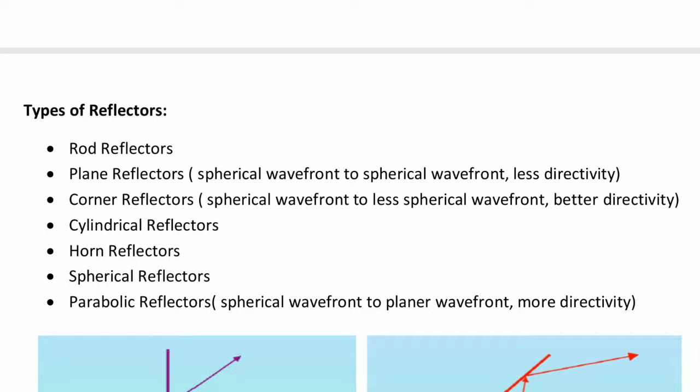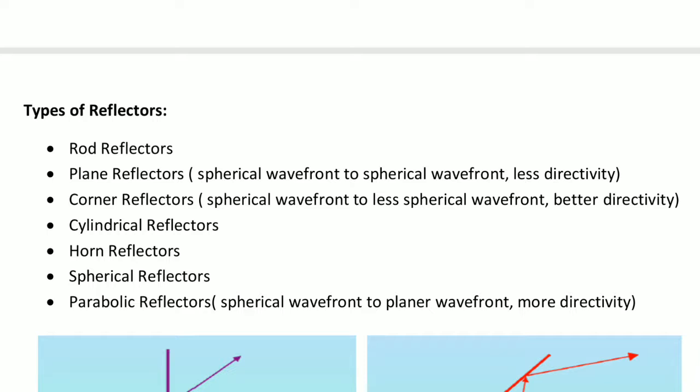If the reflector shape is plane, then the waves coming from the feed antenna have a spherical wavefront, and the waves reflecting from the reflector plate into space also have a spherical wavefront. Due to this spherical wavefront structure, it has less directivity. So this is the main reason behind the less directivity of plane reflectors.